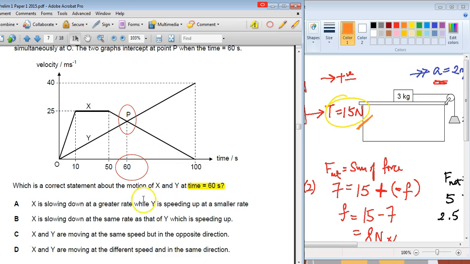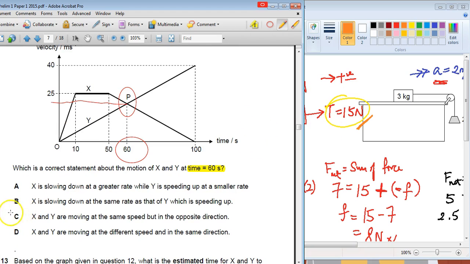So once you have this realization, you don't really need to analyze A, B, and D first, because if you look here, at point P, the velocity is the same. For y, the velocity is positive 20, and in x, it is also positive 20.